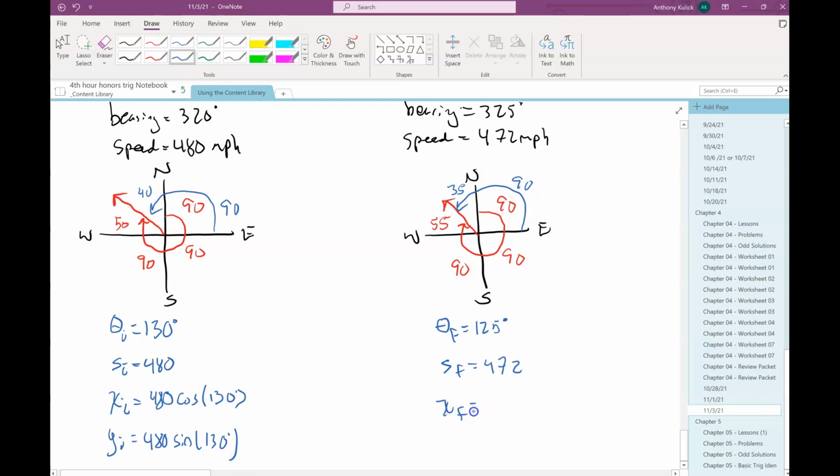So I can calculate my horizontal and vertical components now the same way that we did before.